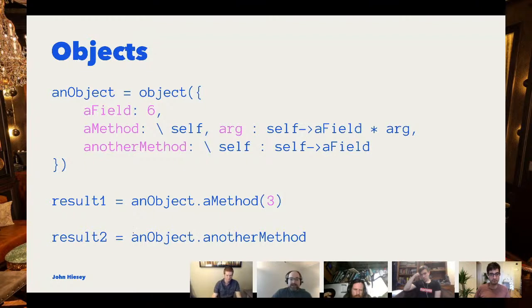Because of currying, what really is going on here is object.method really means call this method with self equal to an object. So this actually calls it with one argument. This calls another method with one argument. This calls a method with 2 arguments. There's the implicit self and then another argument.